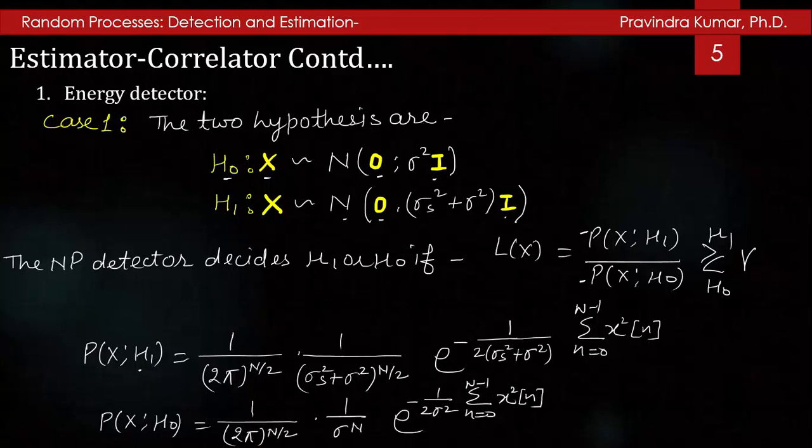The PDF under hypothesis H0 is 1 by 2 pi to the power N by 2 into 1 by sigma to the power N into e to the power minus 1 by 2 sigma square, summation n equals 0 to N minus 1 of x square n.